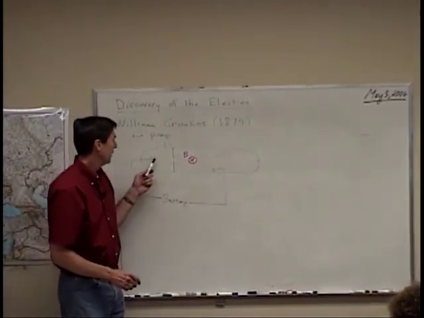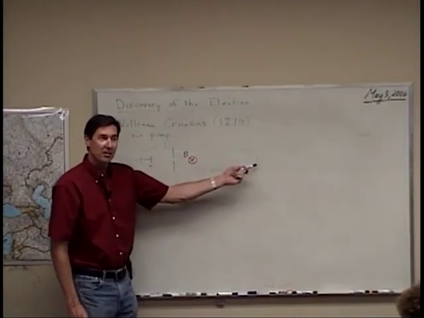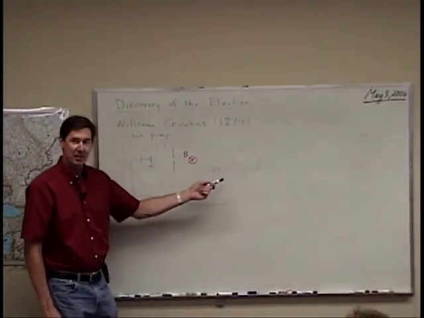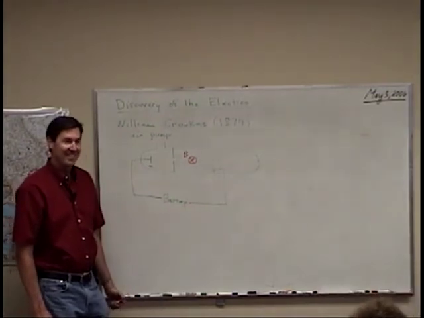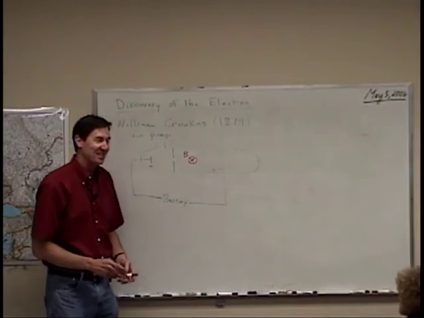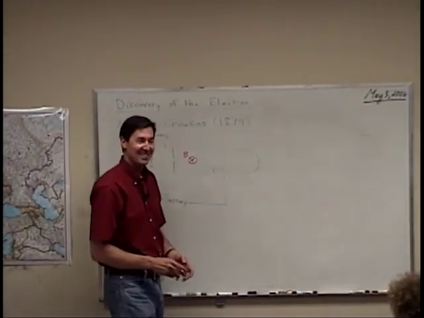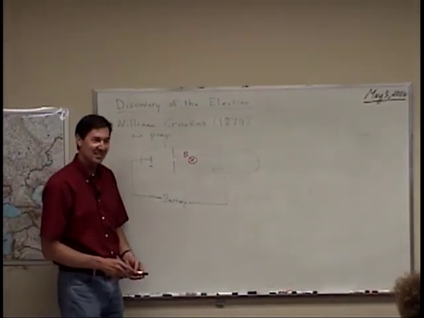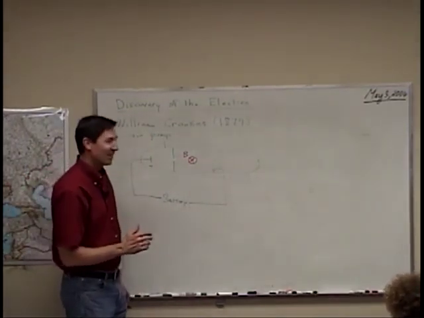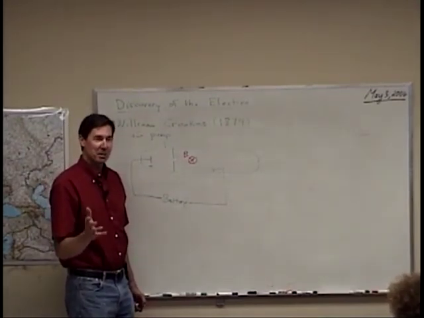Now, what's going to happen if whatever's traveling down this tube is electrically charged? How well do you remember your magnetic force law? Okay, you've got the right hands going. The force law was I cross B, right?